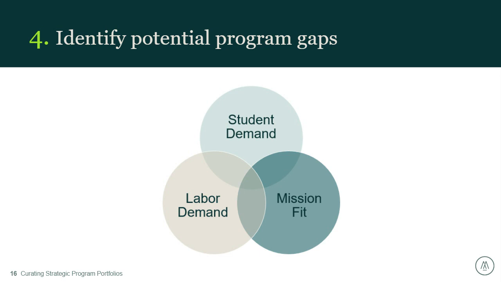I worked with another institution that was located near some wind farms, and they decided that they really could put into place like a wind service technical program for people to work on these wind farms. Great enrollment, great community support, and all those students who graduated had jobs the moment that they graduated.